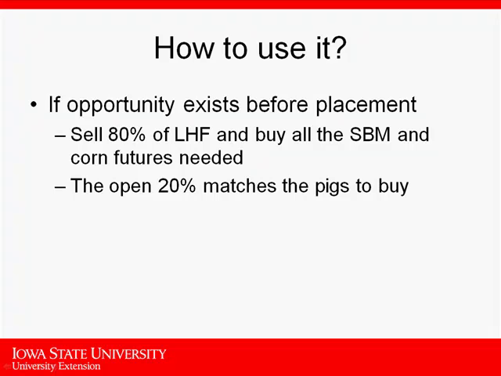And let's think of a simple case of a 1,000 head building, round numbers. I'd hedge 80% of the lean hog futures, and I'd buy coverage on 100% of my meal and my corn. Okay? I'd leave 20% open on the lean hog futures because that matches up with the pigs I haven't bought yet.